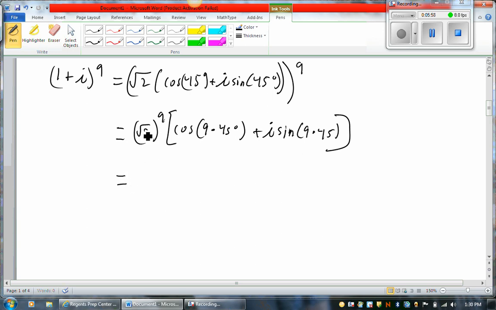Remember, the radical is to the 1/2 power, so this is really 2 to the 9/2 times cosine of 9 times 45, which is 405. So the cosine of 405 degrees plus i times the sine of 405 degrees.